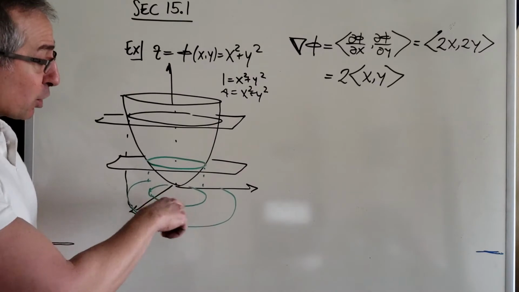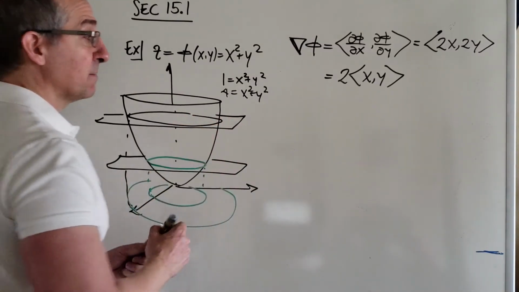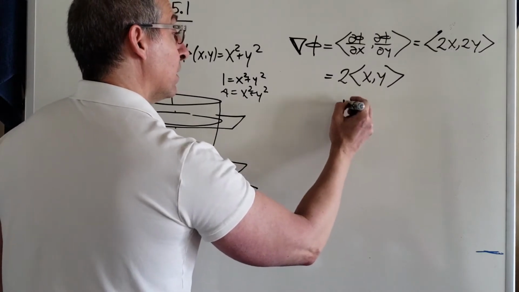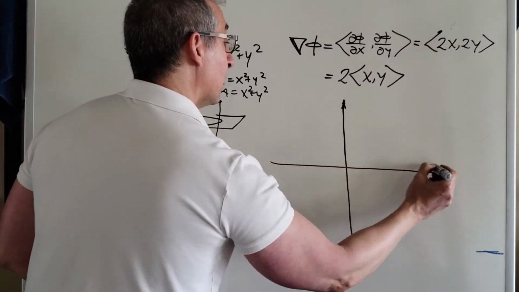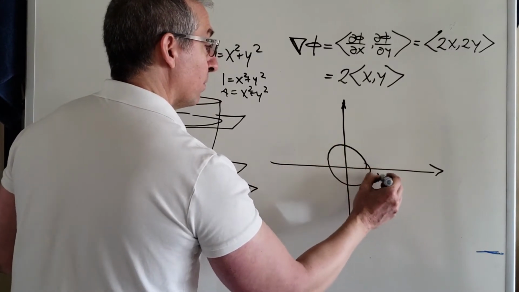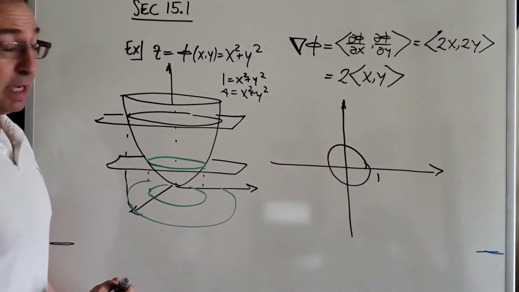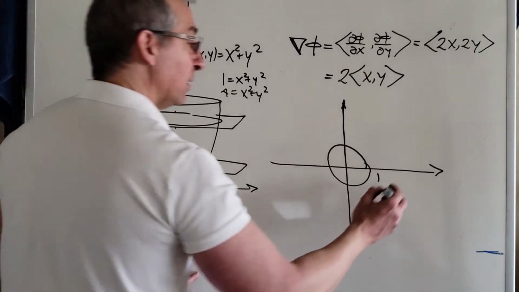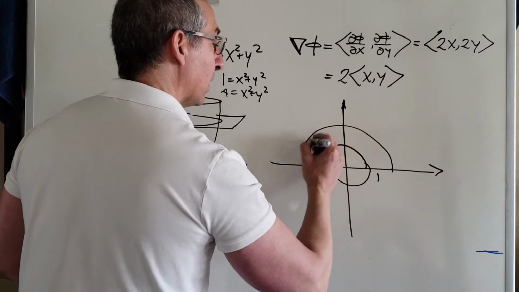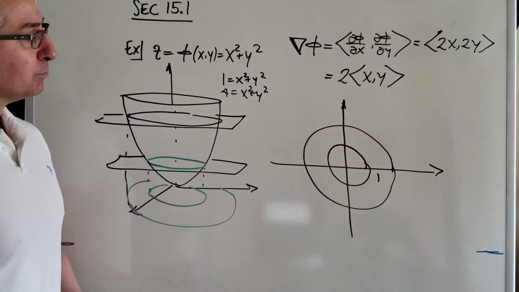I'm going to take these level curves right here. I'm going to rotate so that the z-axis is coming out at us. Okay, there's the level curve at x squared plus y squared equals 1. There's the next one, and so on, and so on, okay?